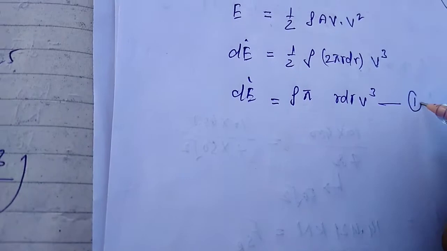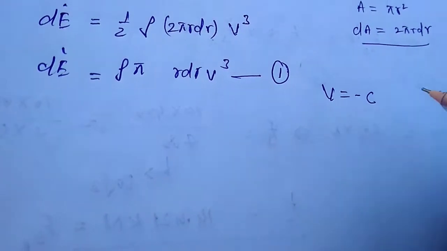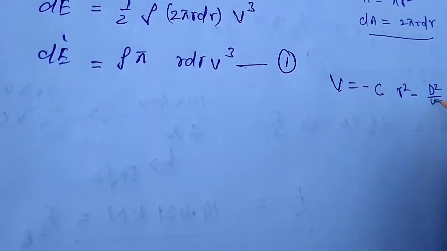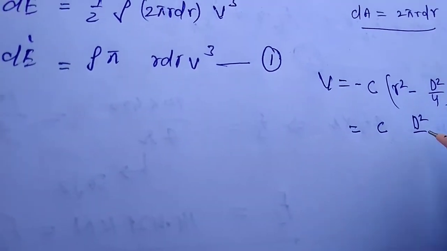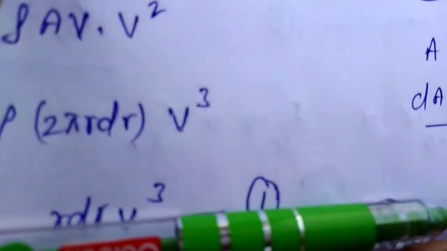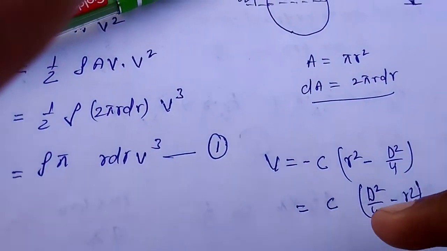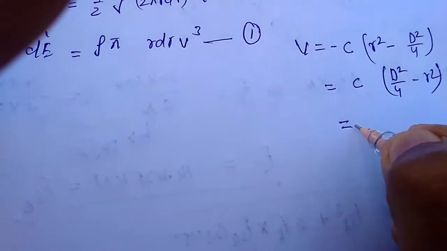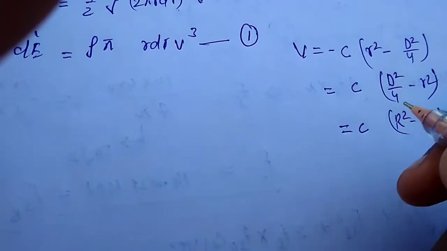So this is our equation first, and we have v equal to minus c (r² minus D²/4). Arranging this equation, v = c (D²/4 minus r²), or you can say c into (R² minus r²), where capital R is the pipe radius.